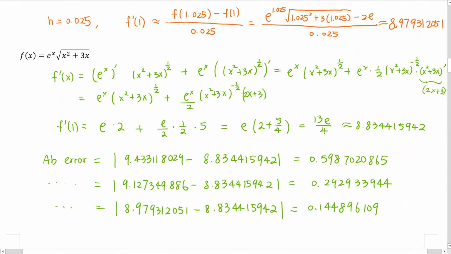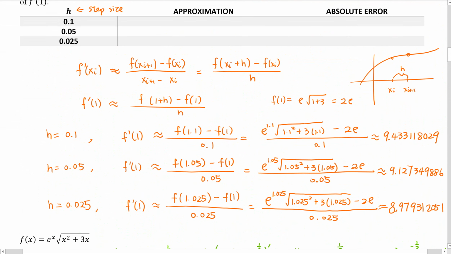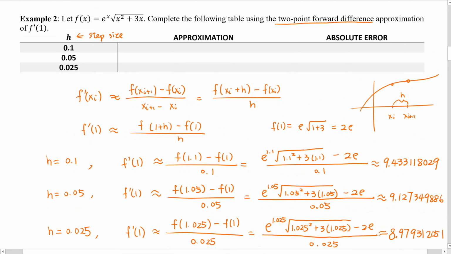And why is that? Because for the forward difference formula and the backward difference formula, the error is first order error, okay? But for the central difference formula, the error is second order error. So in general, the central difference formula should be more accurate than the other two methods. So far, so good, everybody? Alright, so we will continue in video part B. See you soon!